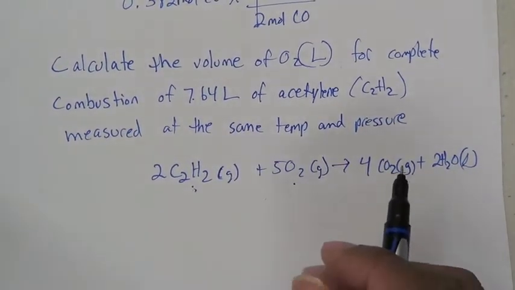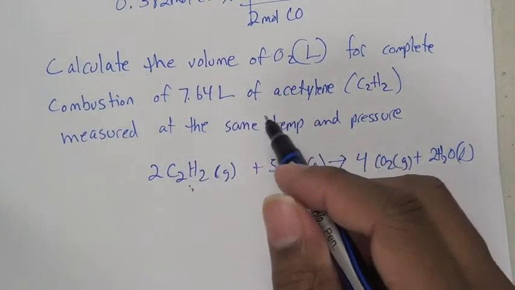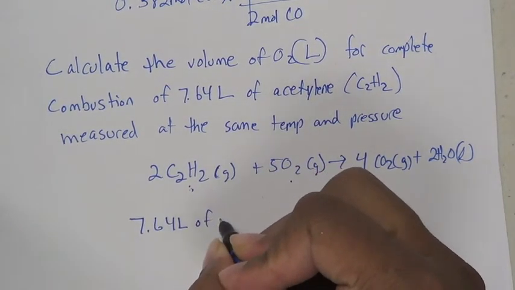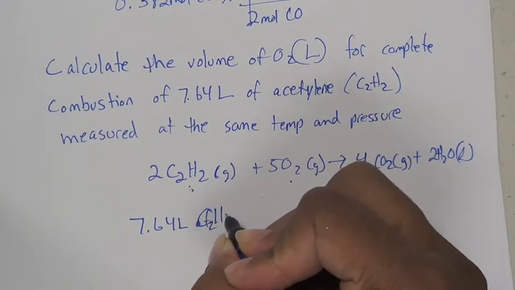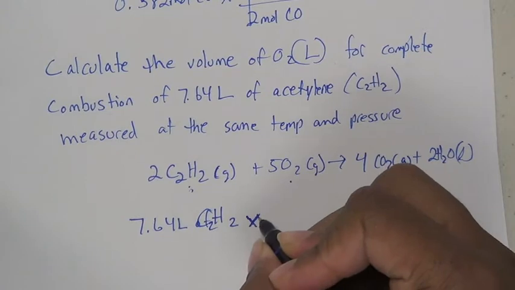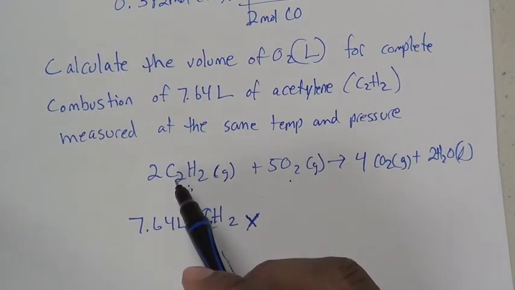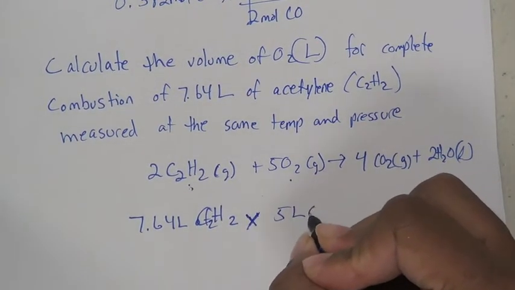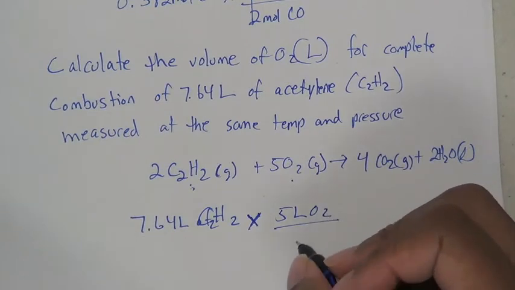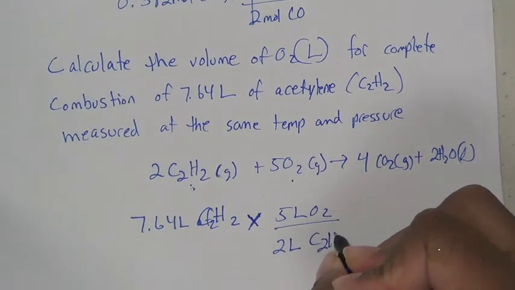We have 7.64 liters of C2H2, times 5 liters of O2 over 2 liters of C2H2.